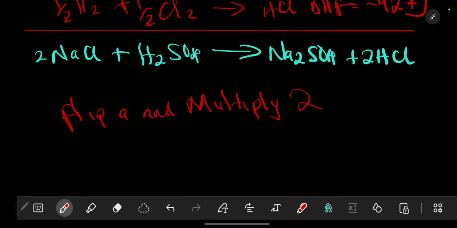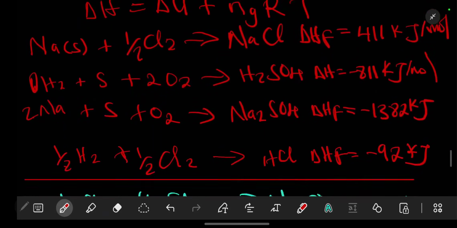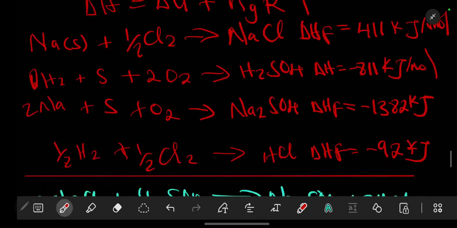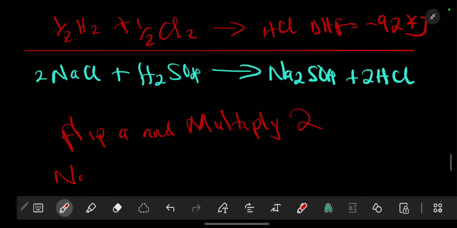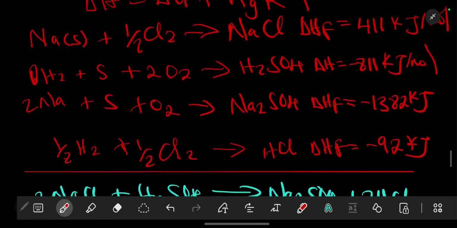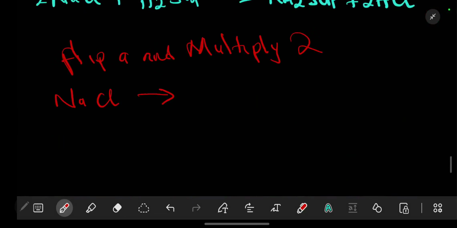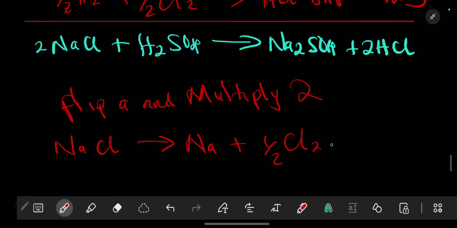So flip A and multiply by 2. You're going to get this equation, flip it, so it will be sodium chloride, like that, to become our sodium plus the half of chlorine, like that. Then multiply your 2. First let's write the change in enthalpy.